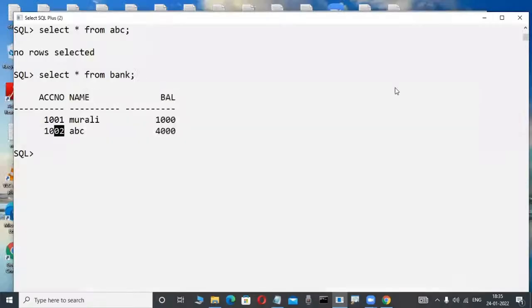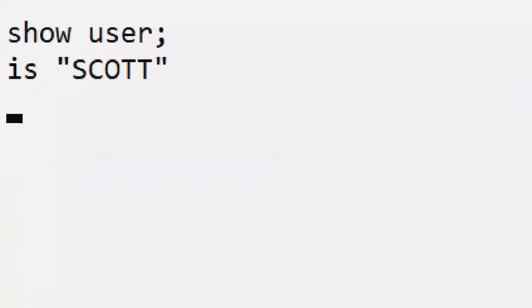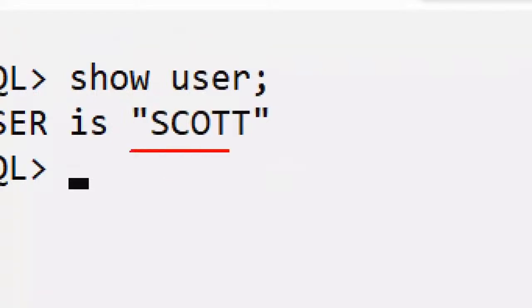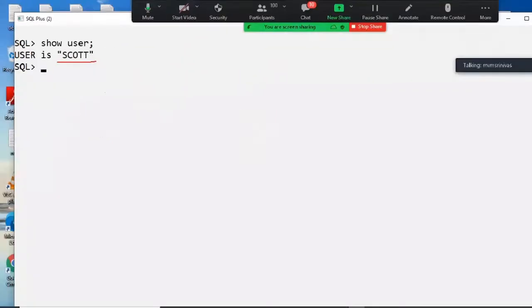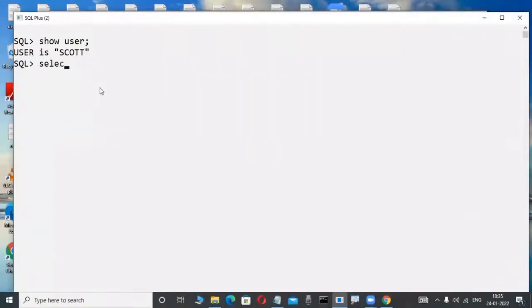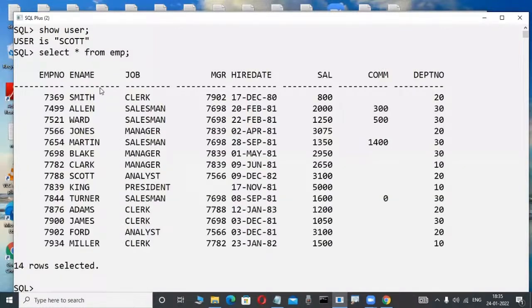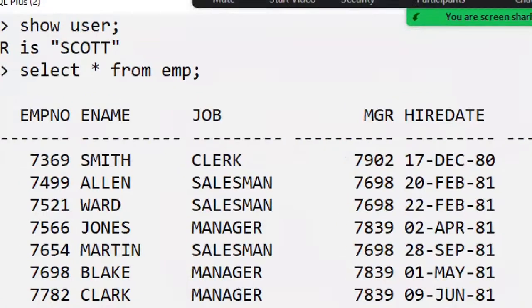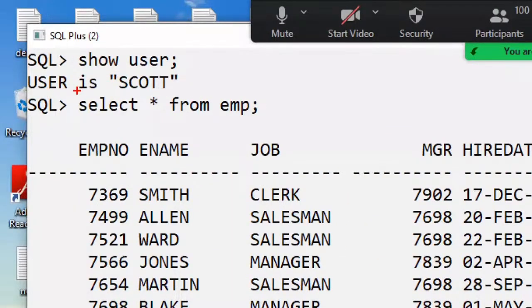For example, a simple example. Suppose one employee is there. This employee's name is Scott. Oracle Corporation gives this user. Don't worry, you will become familiar with these users in the future. Scott is an employee in a company, for example.